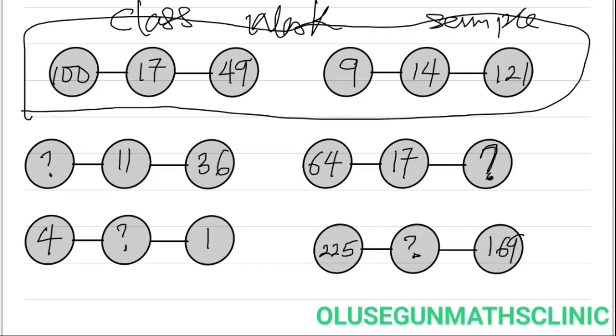So now, from the samples, you see we have 100, middle 17, 49. Another sample, we have figure 1 for sample. 1, 2. Yeah, good. So we have the first sample, the second sample.